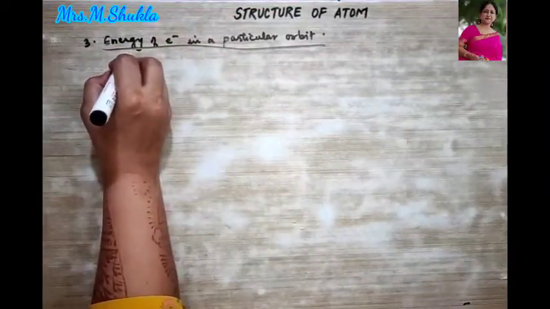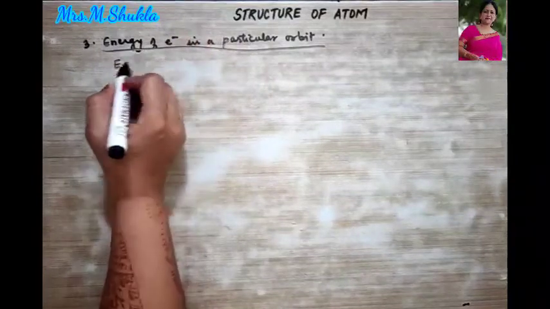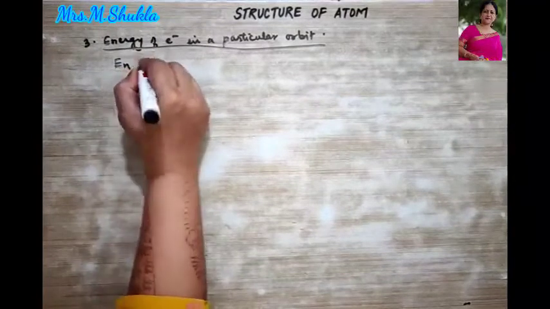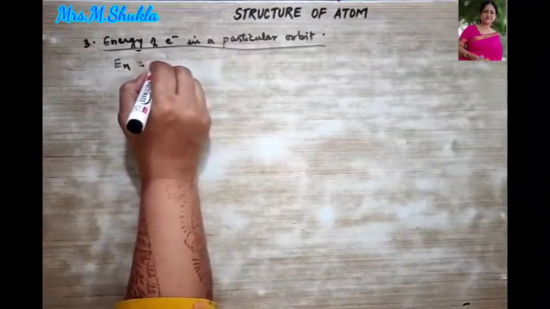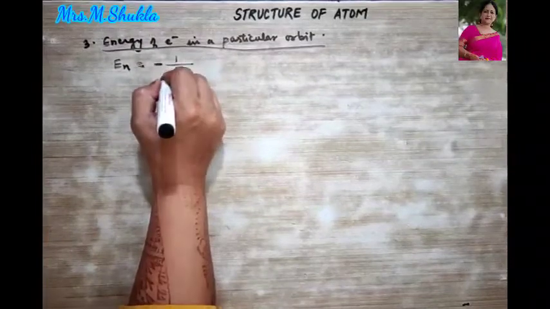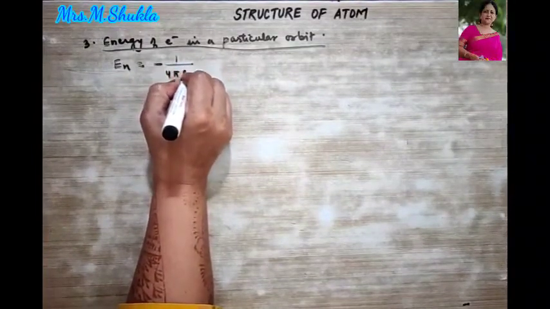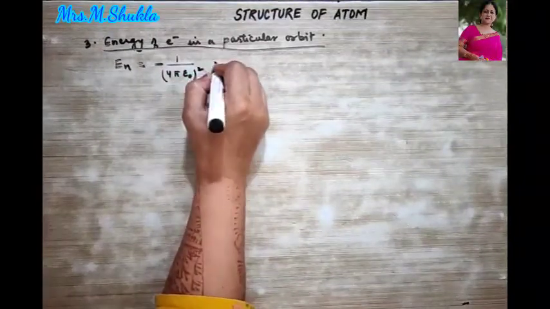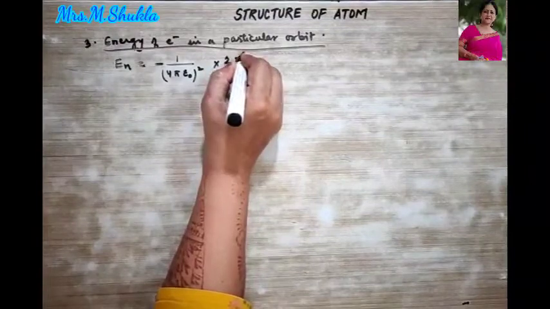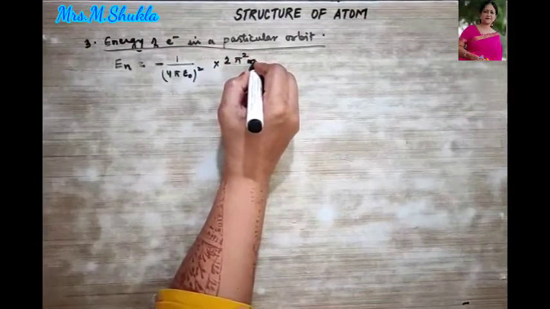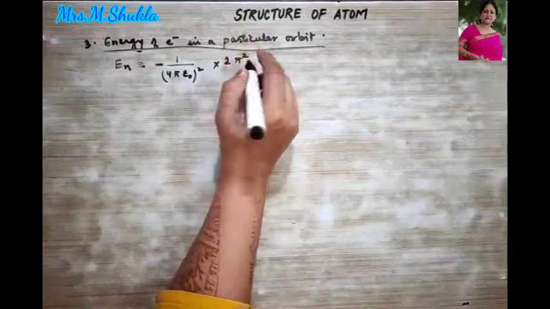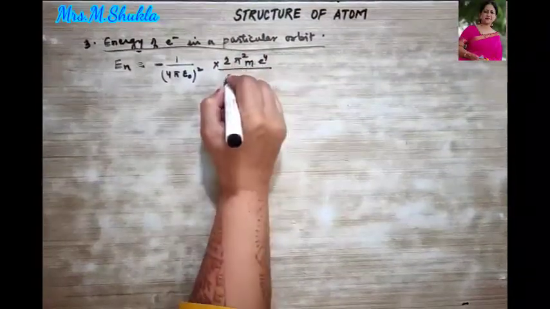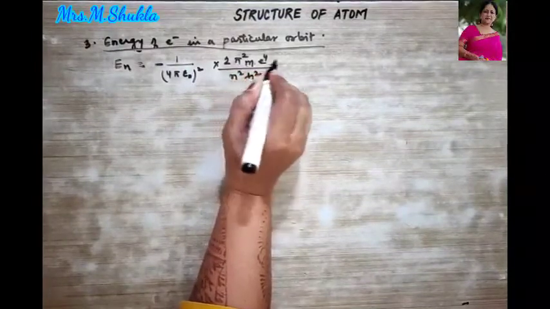So to find out the energy of an electron in a particular orbit, this is always equal to minus 1 upon 4 pi epsilon naught whole square into 2 pi square m e to the power of 4 upon n square h square.